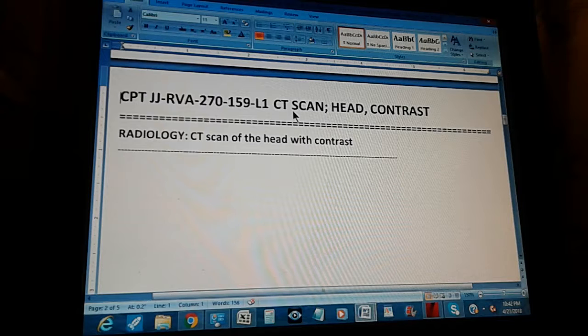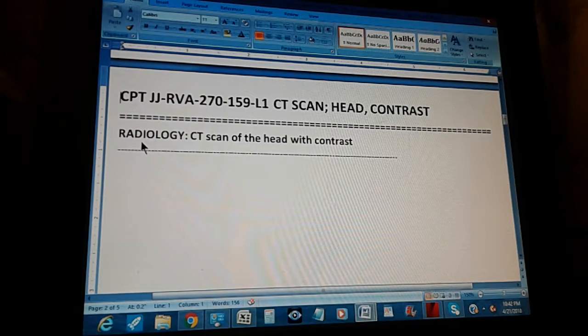The keywords are CT scan, head, contrast. CT scan is like an X-ray, but several X-rays at the same time. Head is the anatomical part, and the contrast is the medium. They insert some medium inside your body so the X-rays can be seen better.